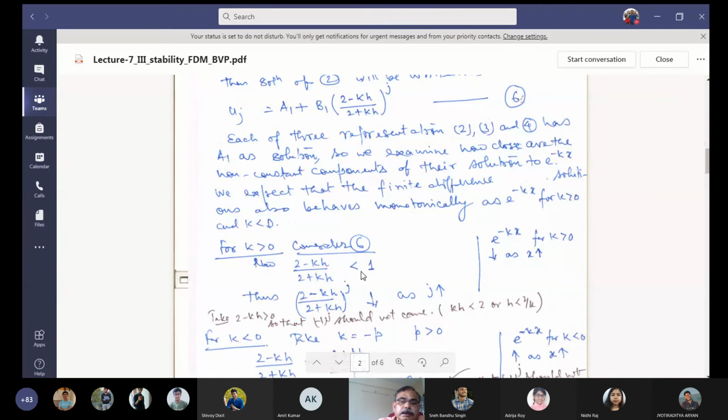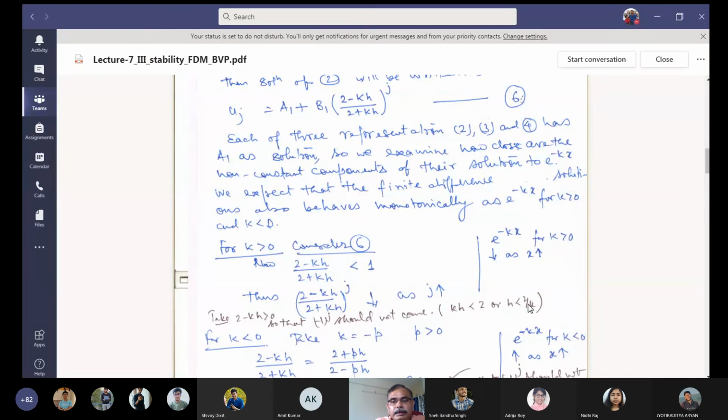Now we have to see whether this (2 minus kh upon 2 plus kh) is strictly less than 1 or not. If we assume that 2 minus kh is always greater than 0, so that minus 1 to power j is not going to come in the picture, this gives a condition on k and h, that is kh should be less than 2 or h should be less than 2 by k. So depending on k, your h will be decided.